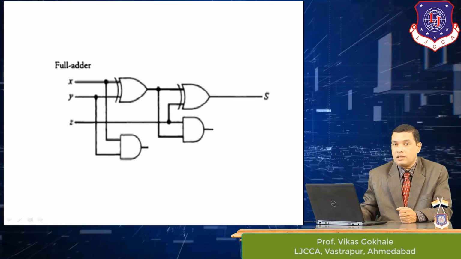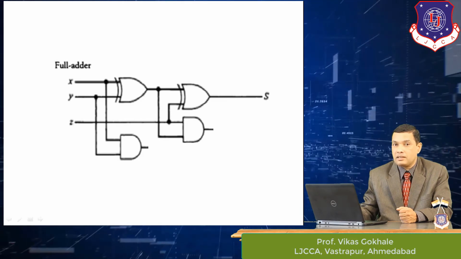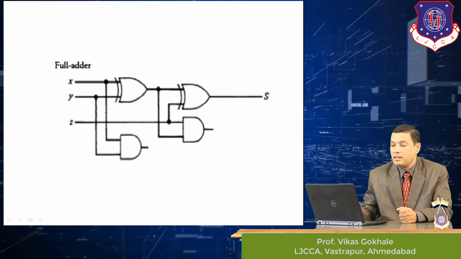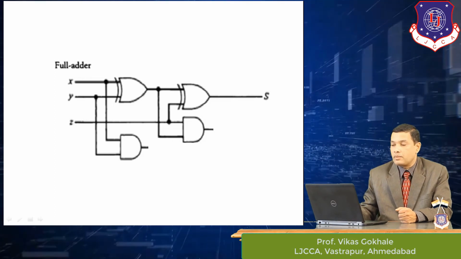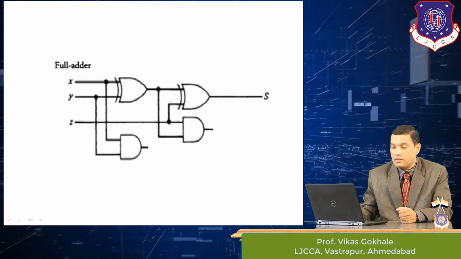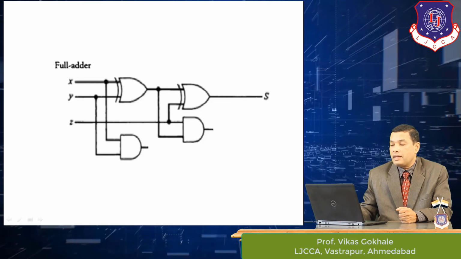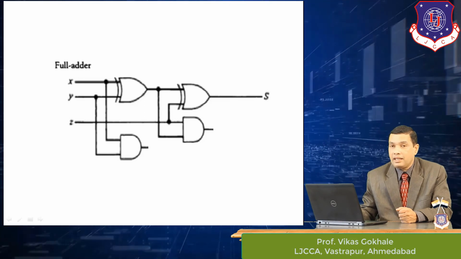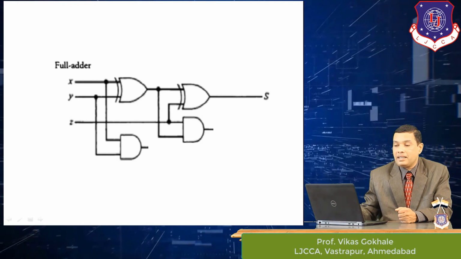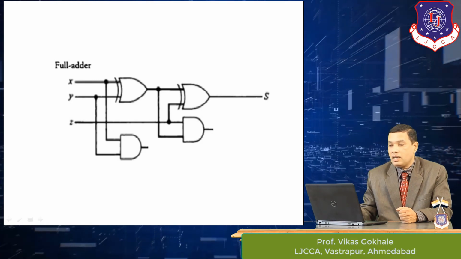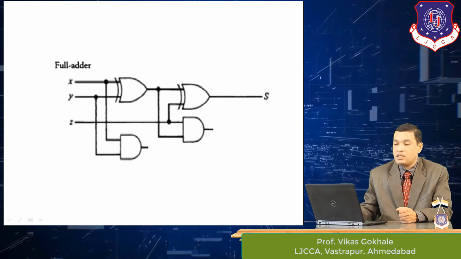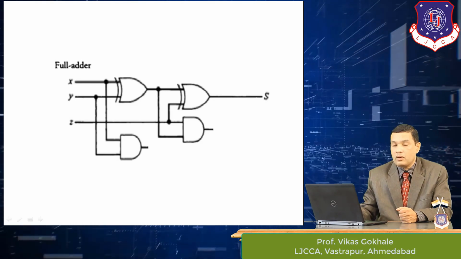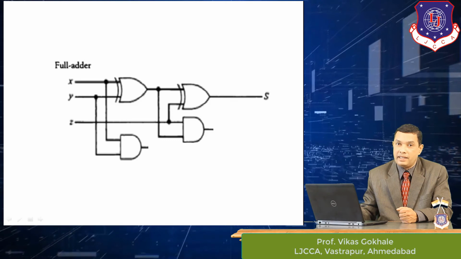So you can see, as soon as the Z bit is input to the XOR gate at the second level, the sum bit is generated. So sum is nothing but the XOR gate, and carry is the AND gate of either XY or XZ or YZ. So it is achieved through the ORing of these 2 AND gates.